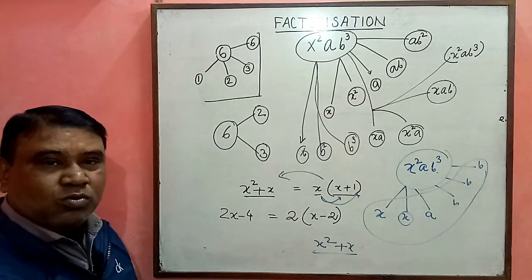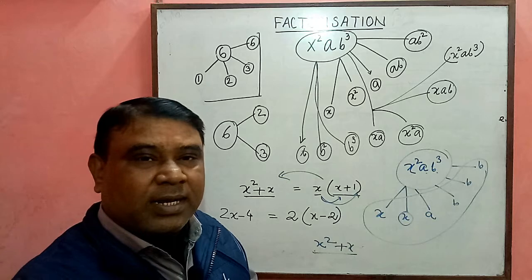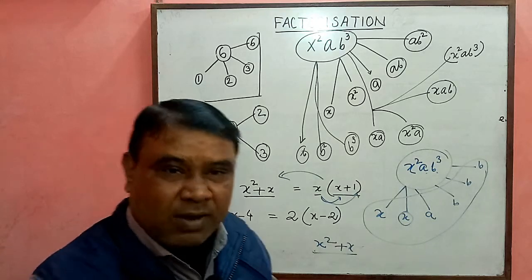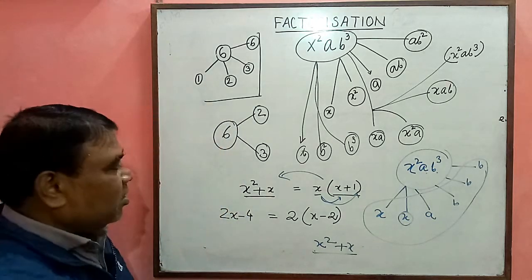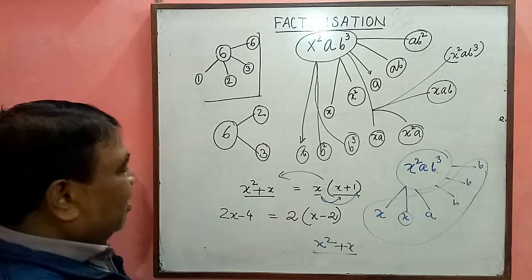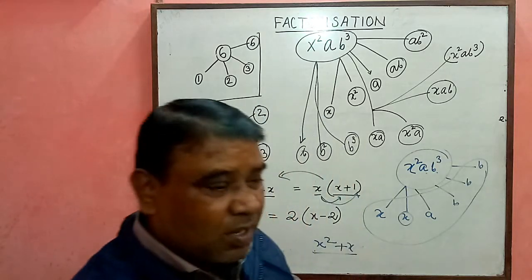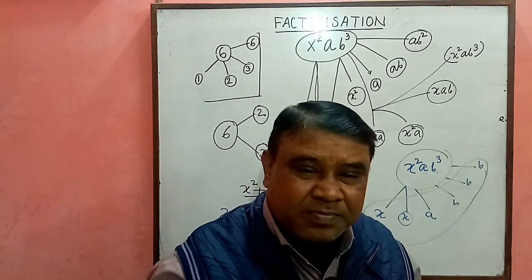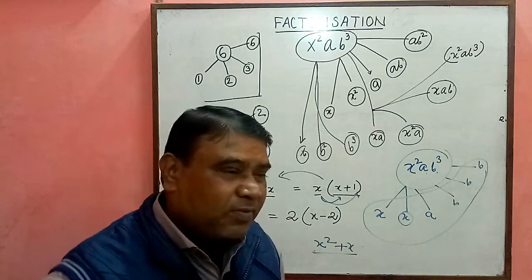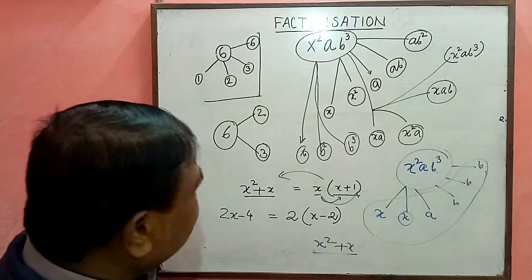To split into two or more terms so that the product will be the number itself. This is what factorization is for two terms. Now this is the basic concept of factors. That means the numbers which are dividing a composite number, those numbers are factors.